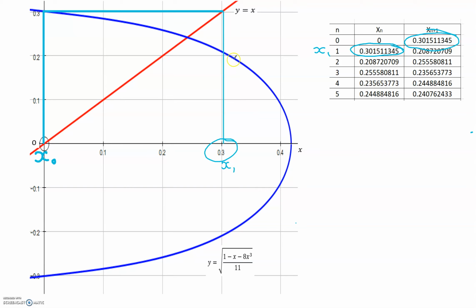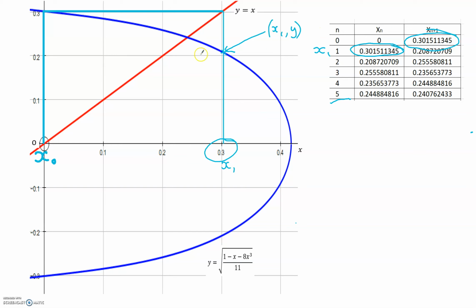So we can look at this point here, because that's the point where y equals x, we go down from our y equals x line to hit our curve. And this is now going to be the point x1, y, and that y value is the value that we want to be our new x value.